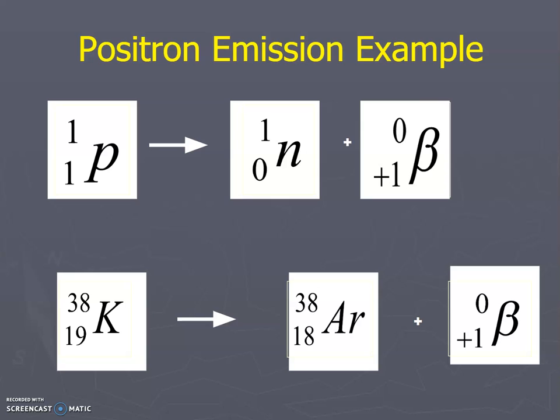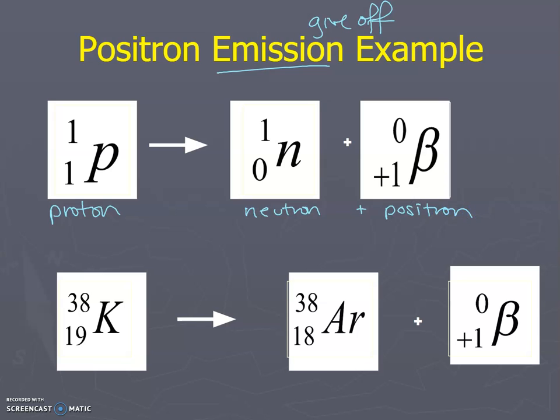Okay, a positron emission means that you are emitting. Emitting means to give off a positron, that positively charged beta particle. So here again, a proton can give off or can split up into a neutron and a positron.